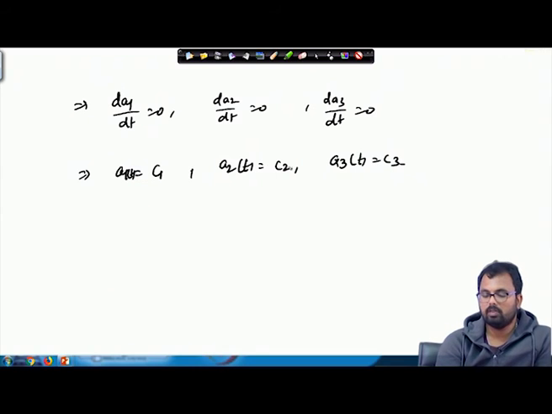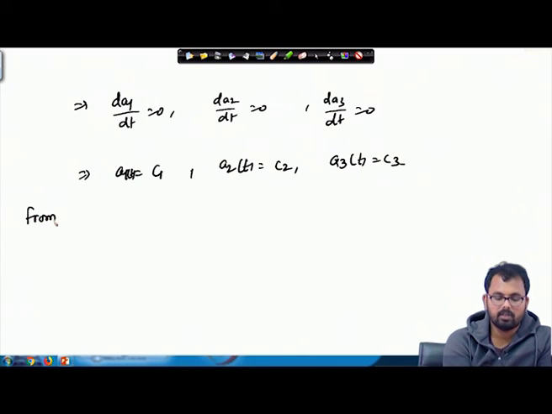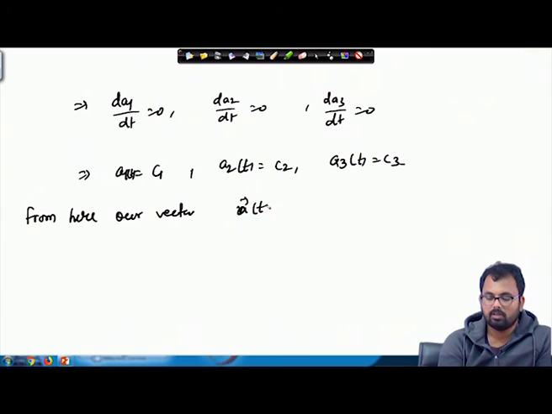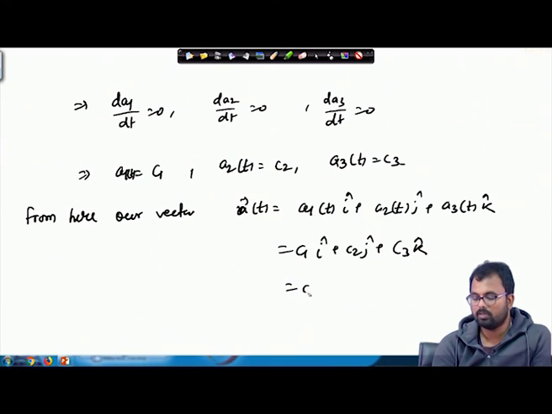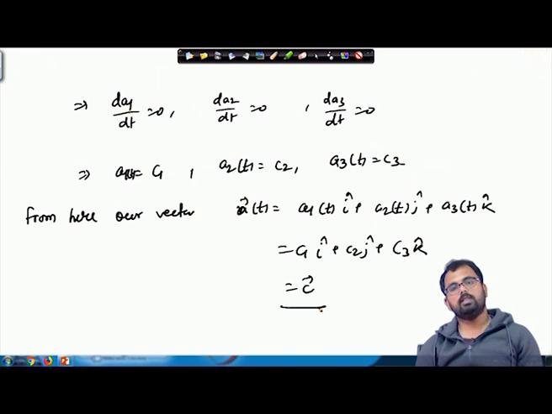That means A1(t), A2(t) and A3(t) are basically constants. So, from here our vector A(t) is A1(t) i plus A2(t) j plus A3(t) k, which is basically C1 i plus C2 j plus C3 k. Since C1, C2, C3 are all constants, this is a constant vector. So, the condition is sufficient as well.